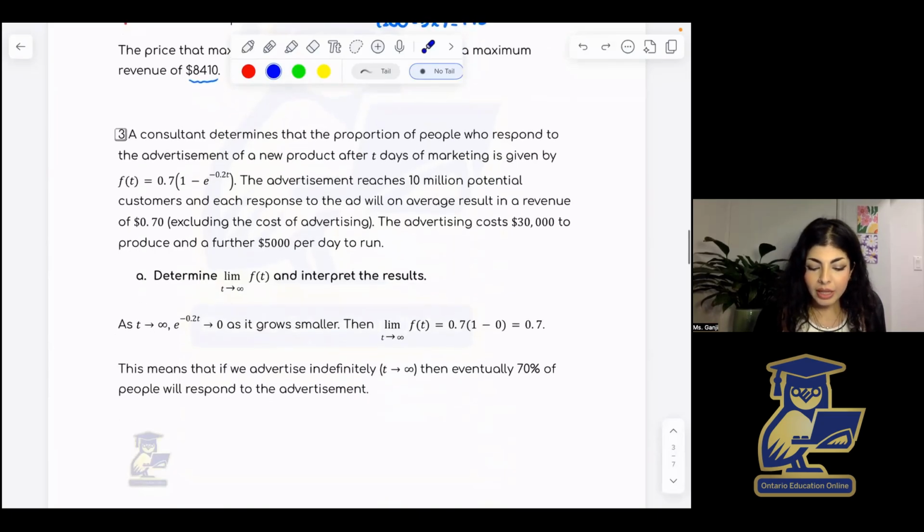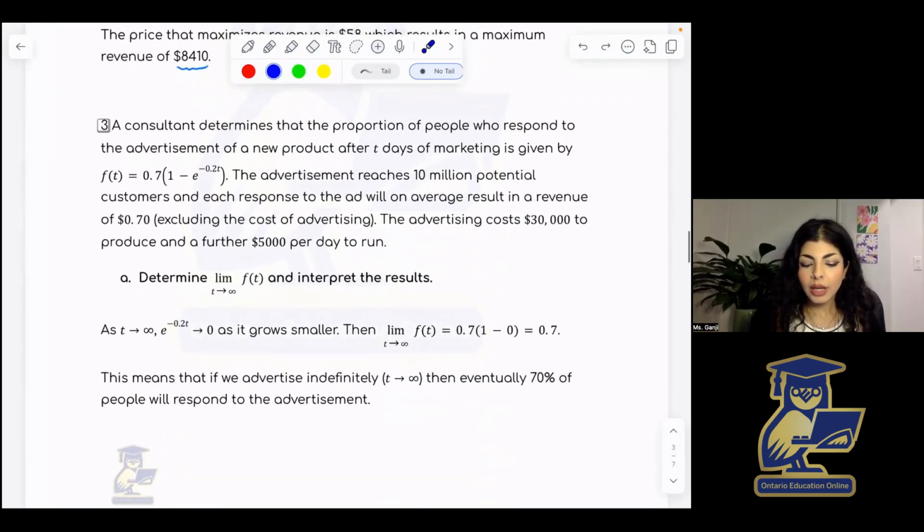And so we're going to look at our last example here. A consultant determines that the proportion of people who respond to the advertisement of a new product after t days of marketing is given by the function f of t. The advertisement reaches 10 million potential customers, and each response to the ad will, on average, result in a revenue of 70 cents.